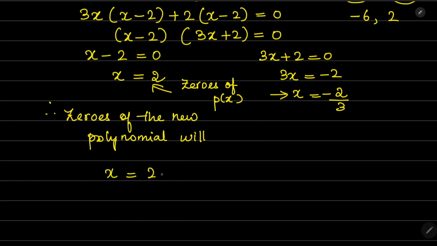The first zero is 2, along with that you have to add plus 2, which is 4. This is one of the zeros. And for the other zero also you have to add 2. x equal to minus 2 by 3 plus 2.